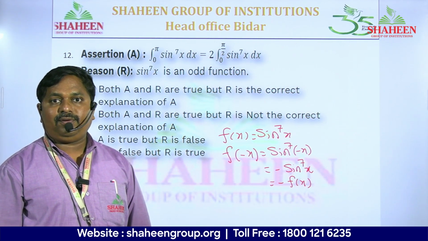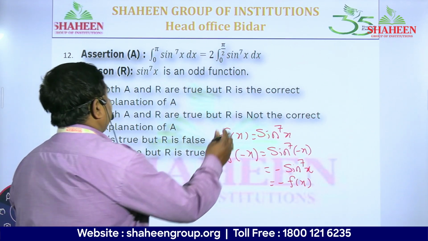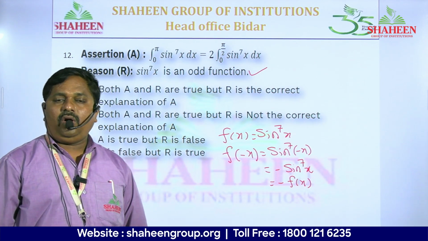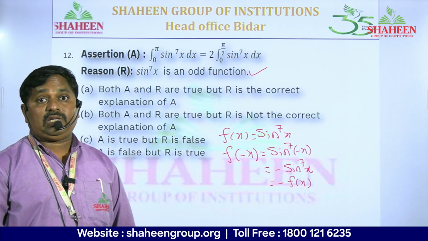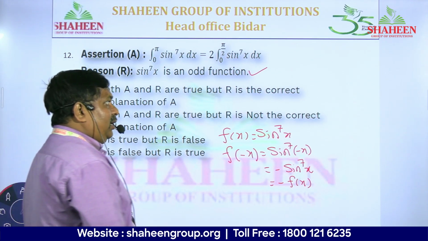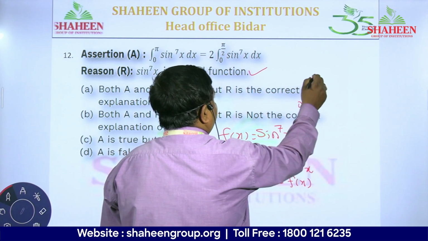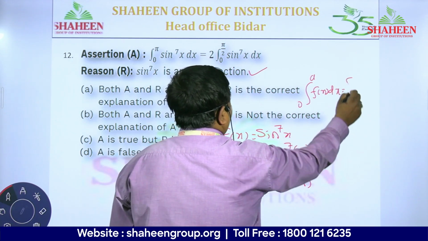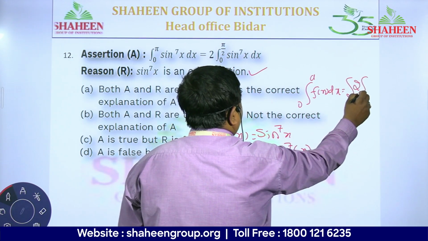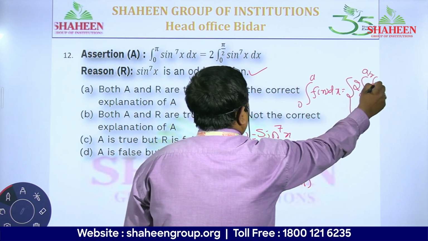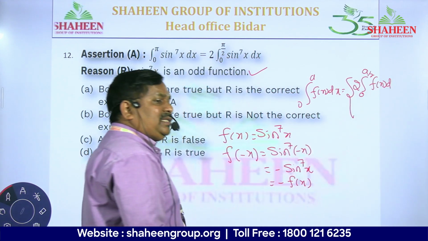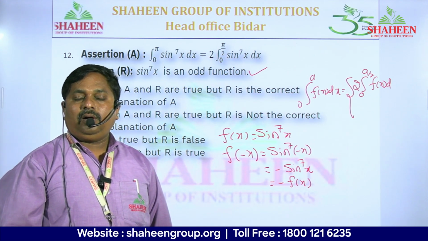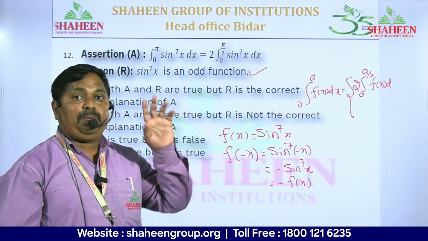What is the given function? f of x is the odd function. So here the reason is right, but the assertion is wrong. In the formula, integration from 0 to a f of x dx, its value is 2 times integral 0 to a by 2 f of x dx if it is an even function, that is, if f of minus x equals plus f of x.